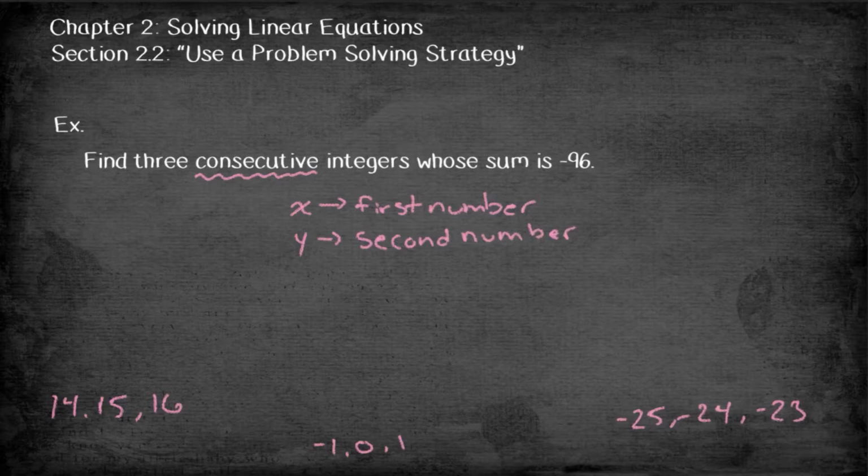What is helpful is that I know the three integers are going to be consecutive. So instead of naming it y, I can name it x plus 1. Because if x is the first number, the next consecutive integer would be x plus 1. And that would make x plus 2 the next number.